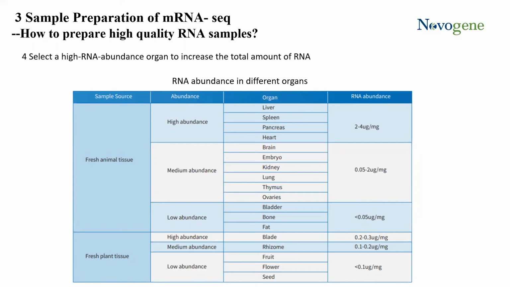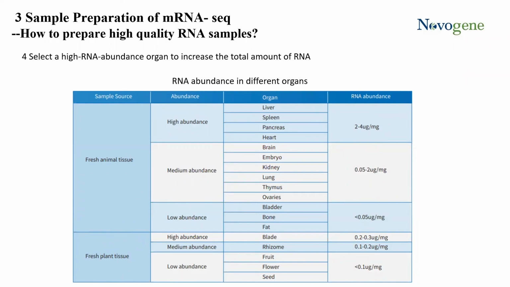The RNA abundance in these organs is 0.05 to 2 microgram per mg. And the low abundance organs are bladder, bone, fat, and they have less than 0.05 microgram per mg of animal tissues.